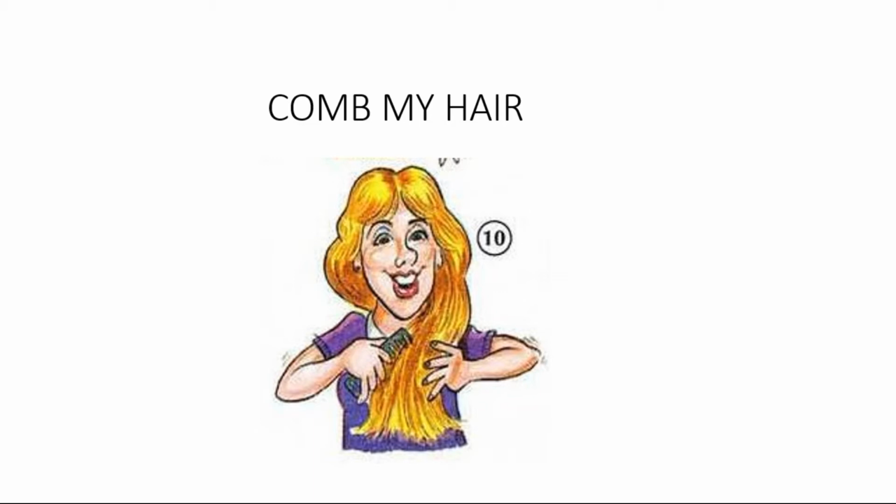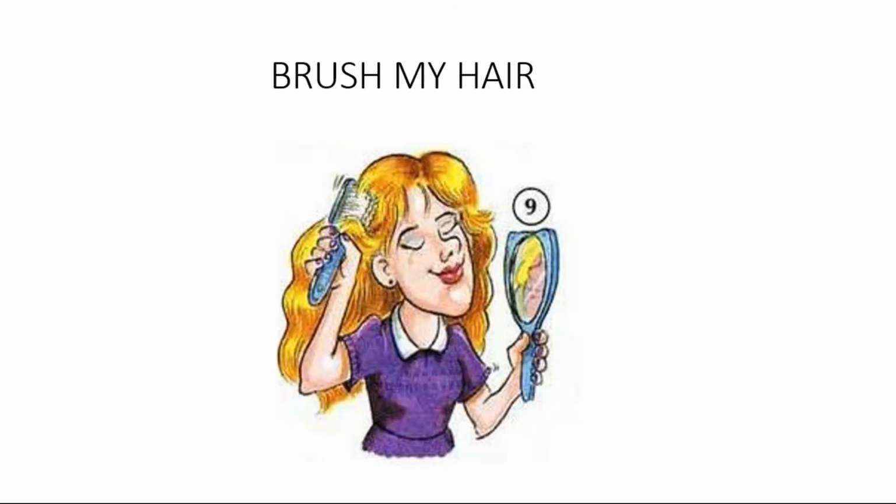What's the difference? Here you are using a comb, that means pente, comb. And the verb is pentear, to comb. In this one, you are using a brush. So you say brush my hair. You can also say brush the teeth, right?